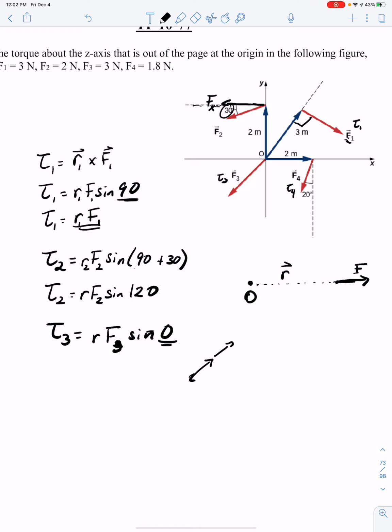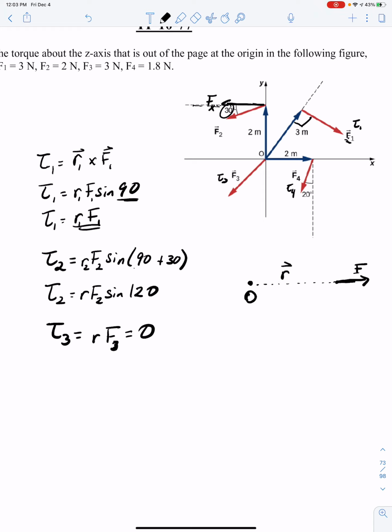There's no angle that affects the torque. The angle is 0, so there's no torque whatsoever. Okay, identify that. So F3 is 0.